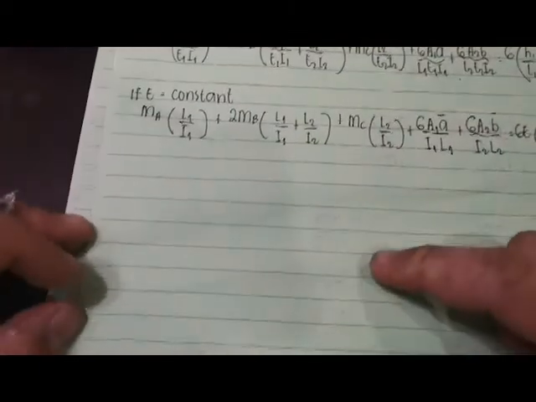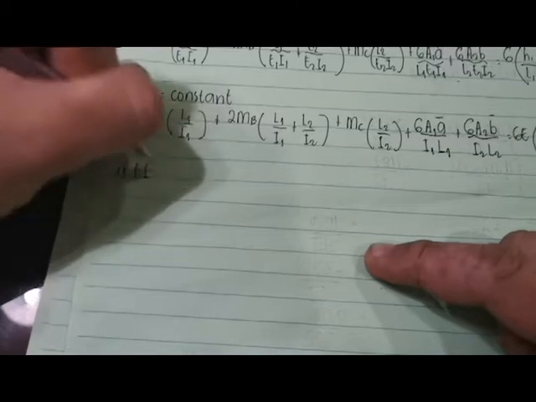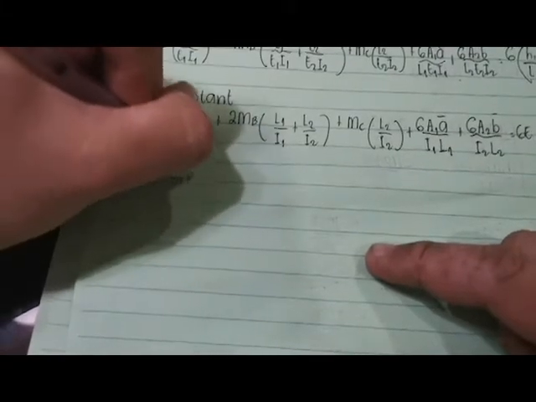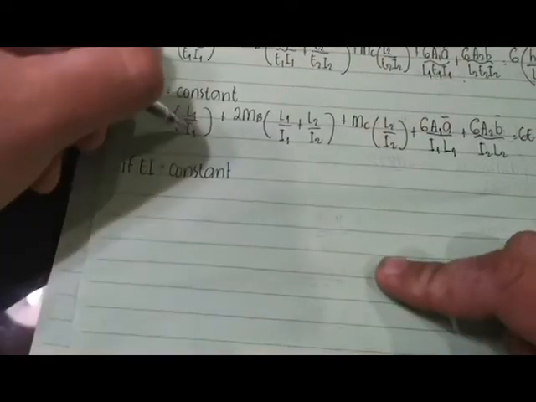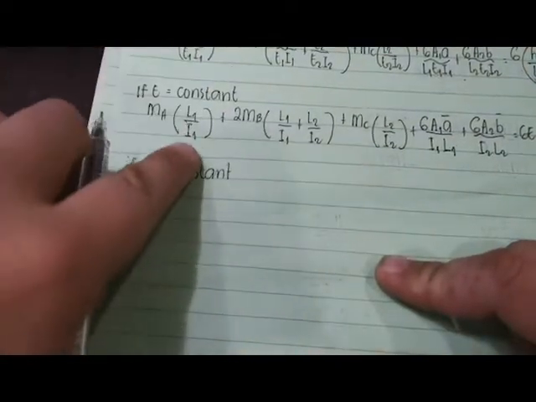But what if both your E and your I are constant? EI is constant. So we just assume that I1 and I2 are equal.